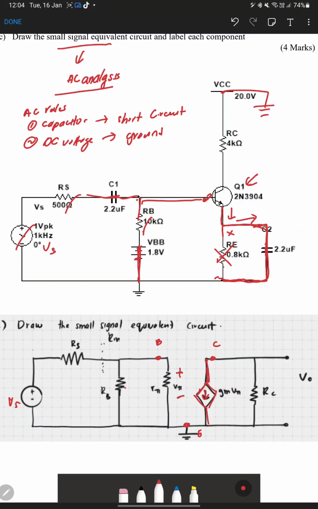Then at our collector, we make the resistance RC, and that RC connects to the ground. Then we need to measure V out at the RC leg. So you label each of them, then we get the marks for these questions.